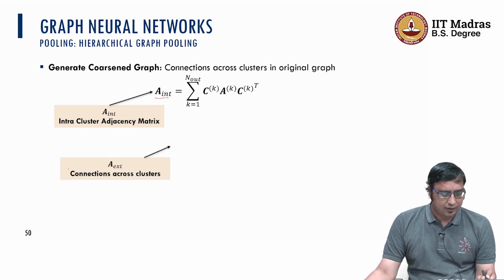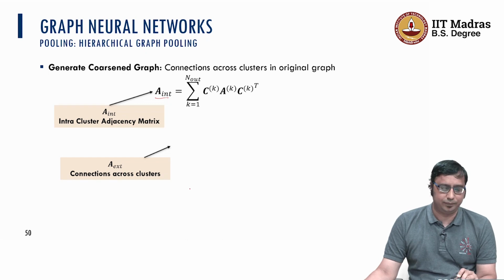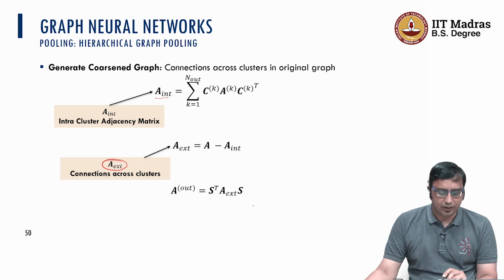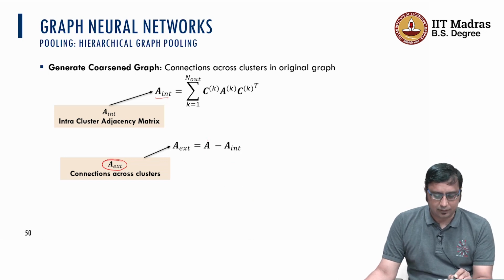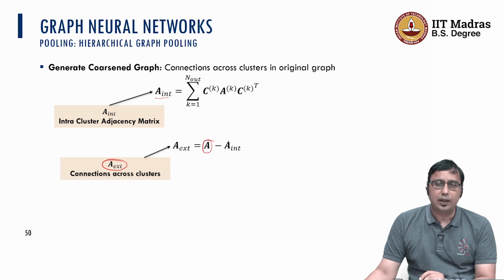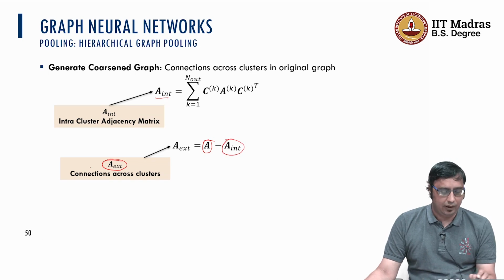What we are interested in is the connection across the clusters, which is A_ext. We define A_ext as the input adjacency matrix minus the intra-cluster adjacency matrix, and that will define connections across the clusters.